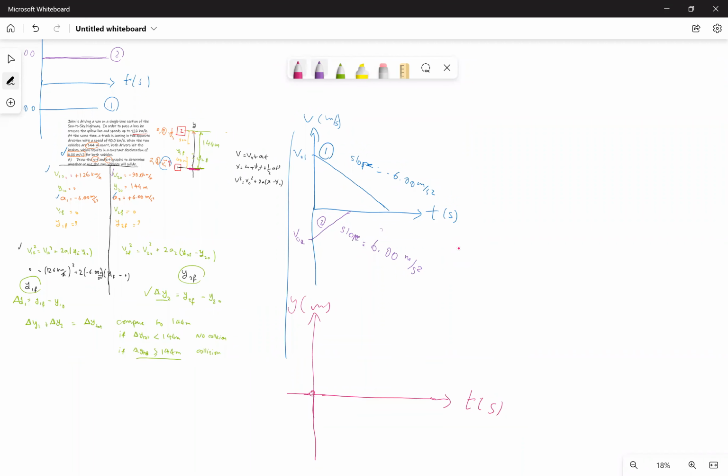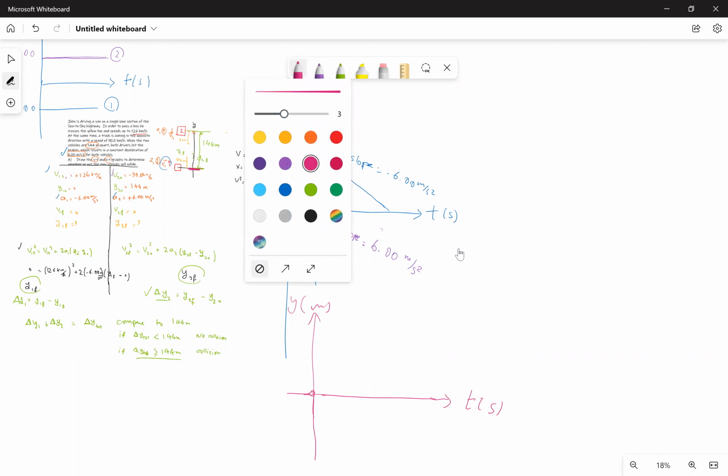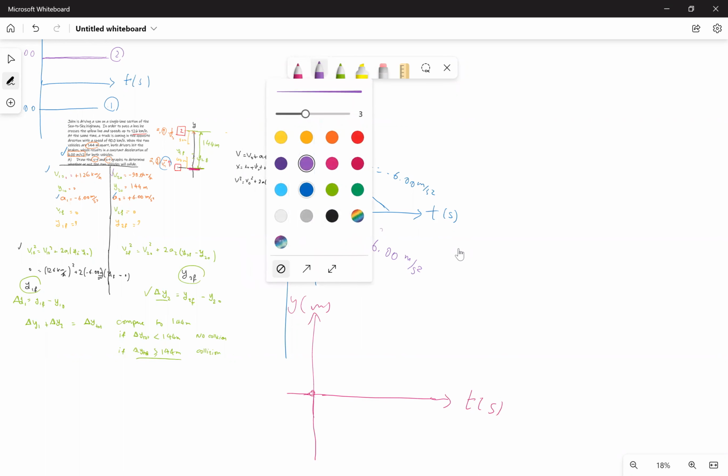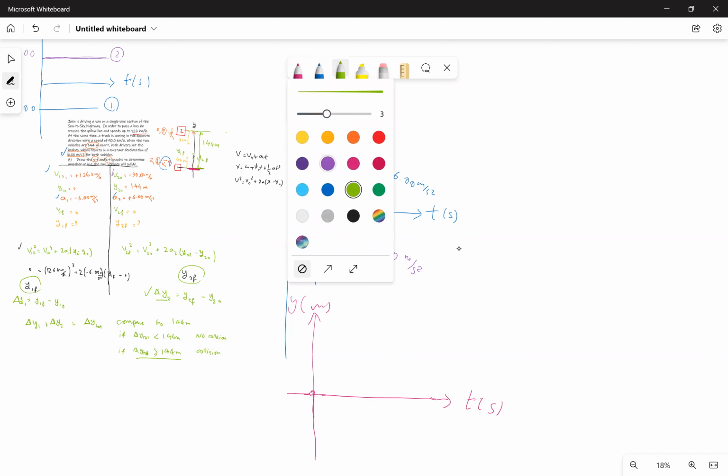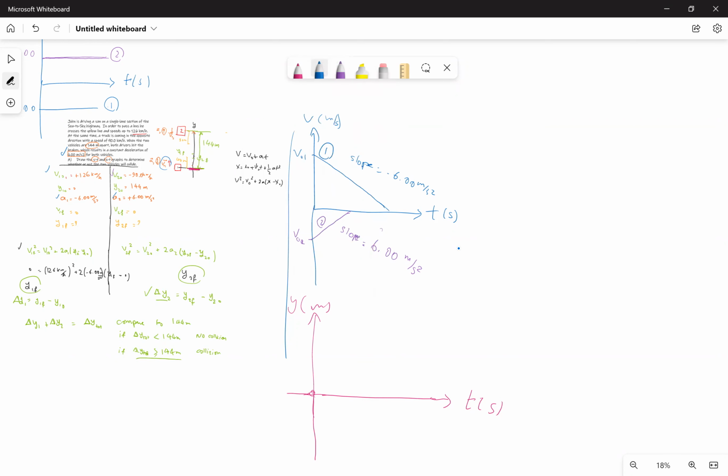Let me pick blue here, and the third one would be purple. Let me pick no, blue.